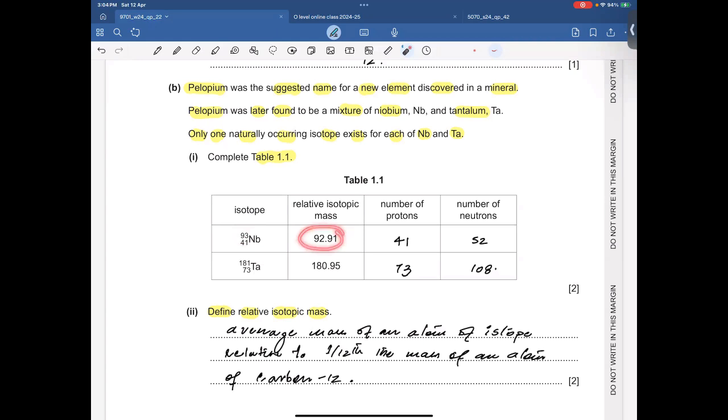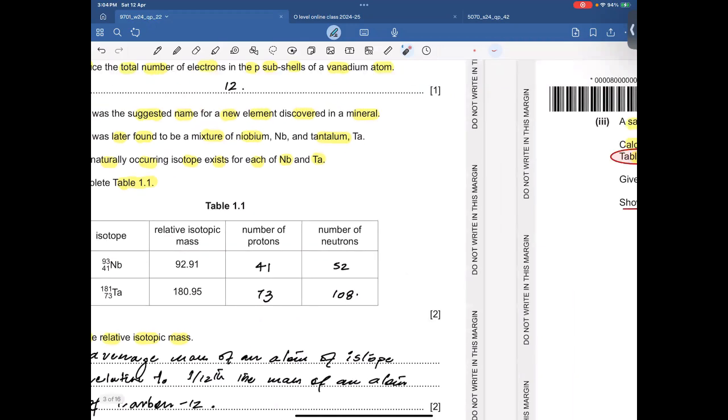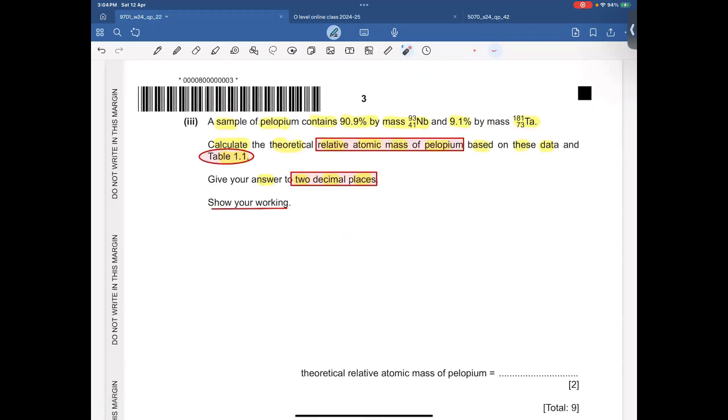Okay, this is the relative atomic mass of niobium, and that's a little bit strange for me.